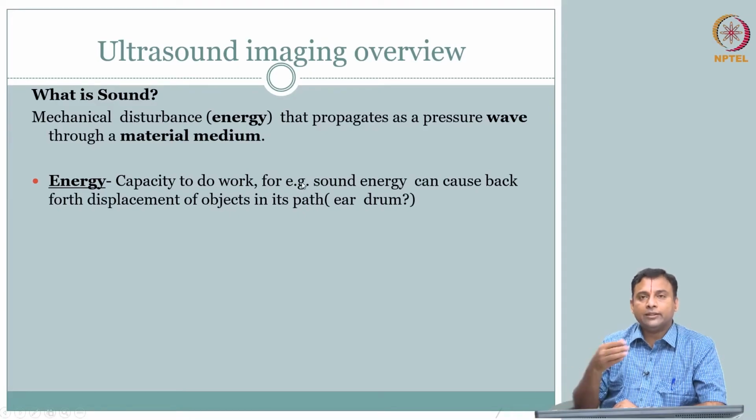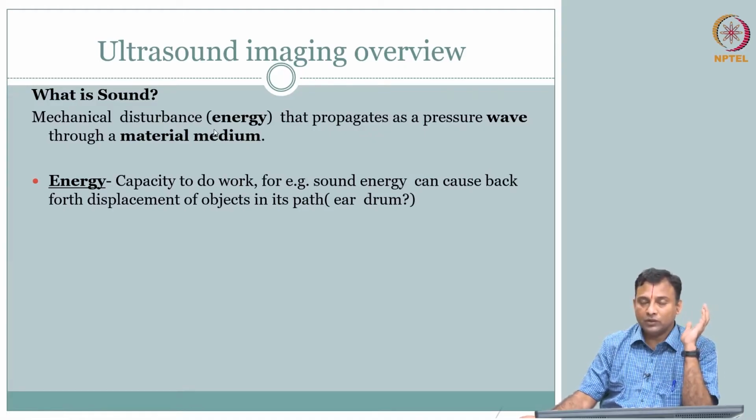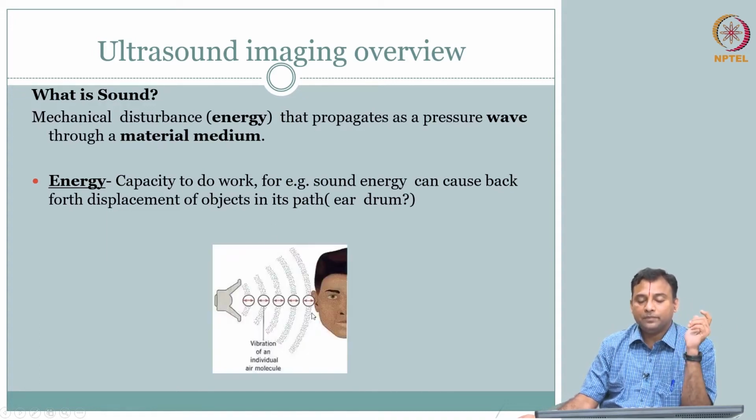Sound energy can do back and forth displacements of objects in its path. Something we are familiar with when we talk about sound is that we hear sound. So, what happens when the pressure wave comes, when the sound energy comes? Your eardrums are displaced.